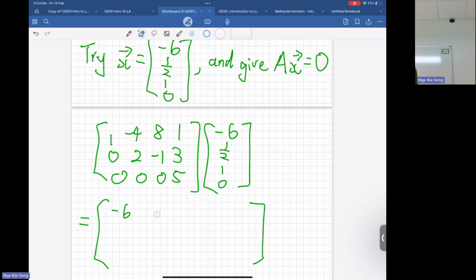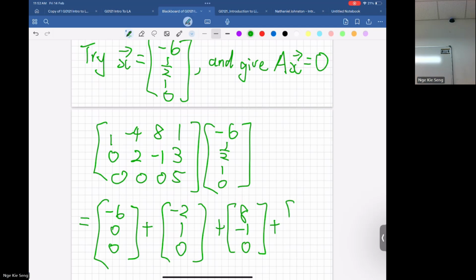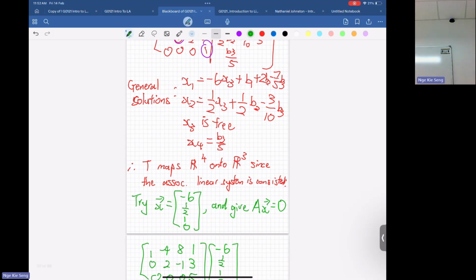Okay, sorry, I think I did something wrong. So minus 6, 0, 0 plus minus 2, 1, 0 plus 8, minus 1, 0 plus 0, 0. So I think this one is obviously 0. Okay? What can you see here?